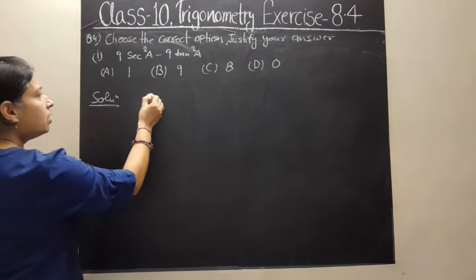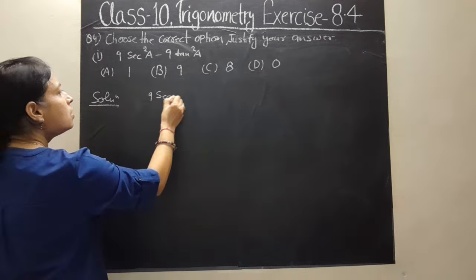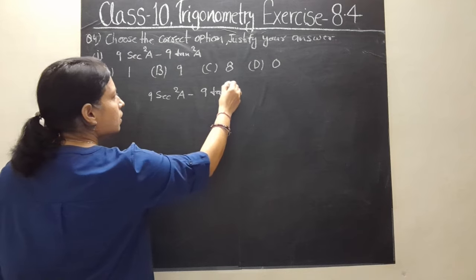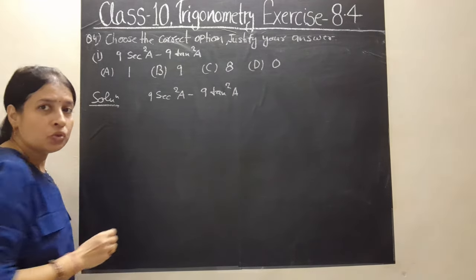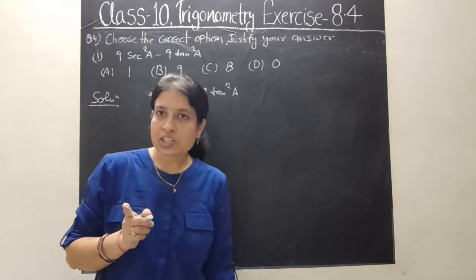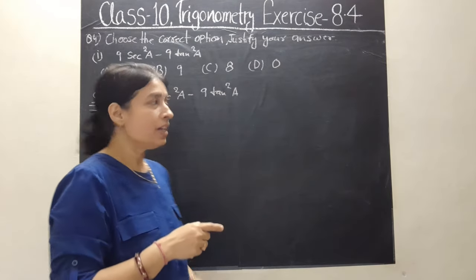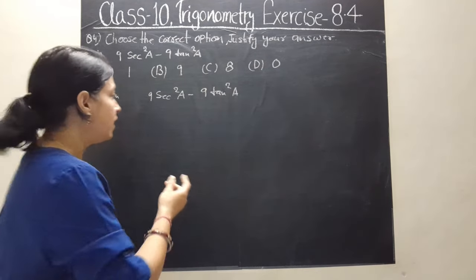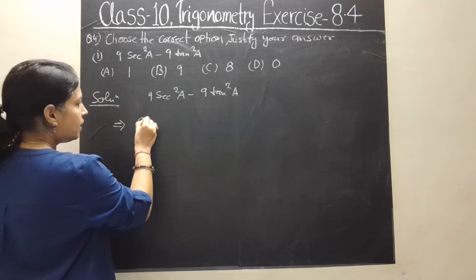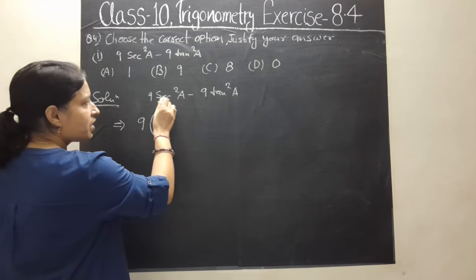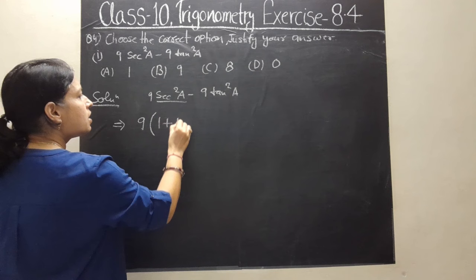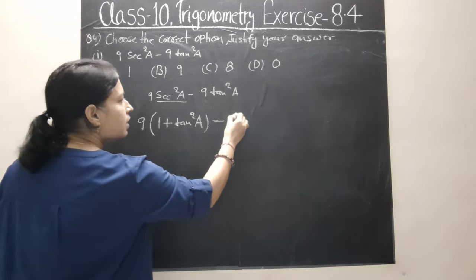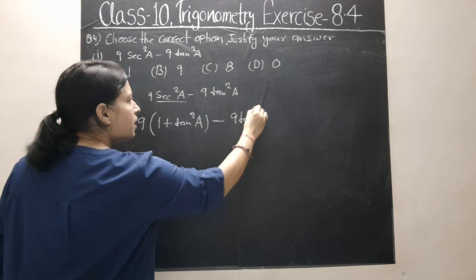First write what is given. Given is 9 sec square A minus 9 tan square A. You know that 1 plus tan square A is equal to sec square A. So in place of this sec square A, we can write 1 plus tan square A. So write that, take 9 outside, and in place of sec square A, write 1 plus tan square A. Then write 9 tan square A as it is.